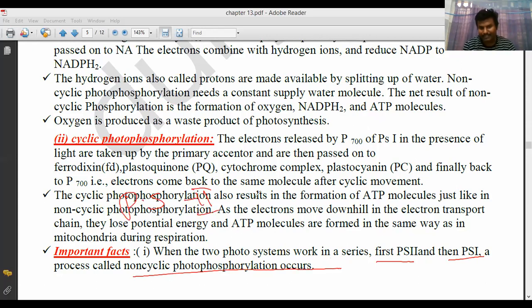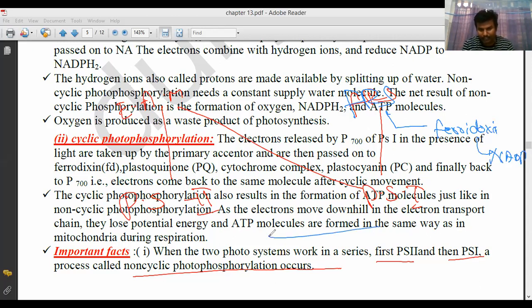From PS2 to the electron acceptor molecule, then PS1, from FRS to one more molecule, ferredoxin, and from ferredoxin to NADP.